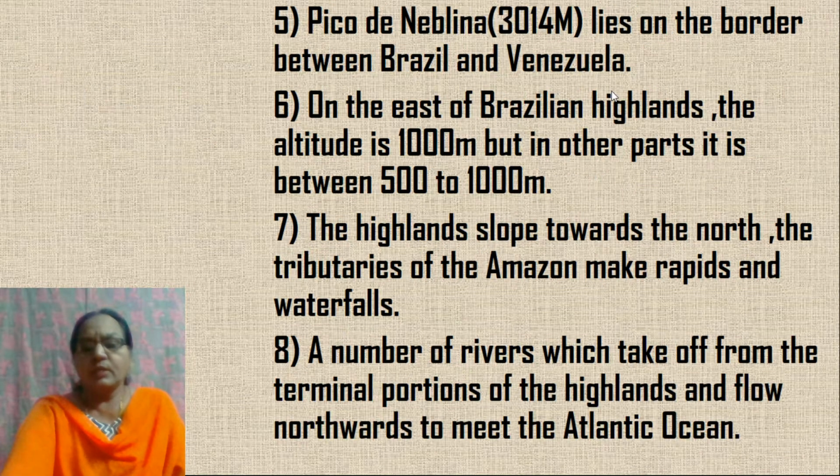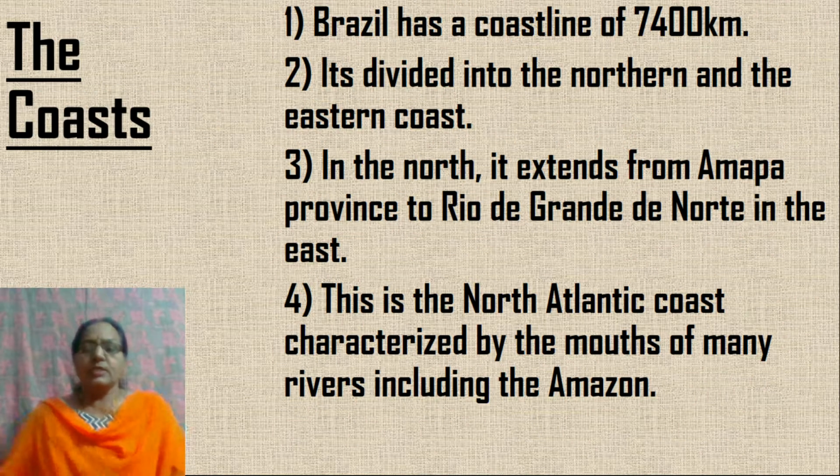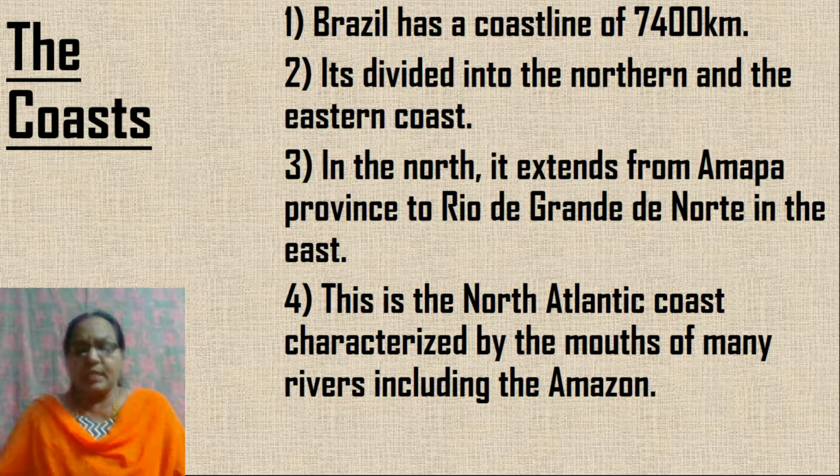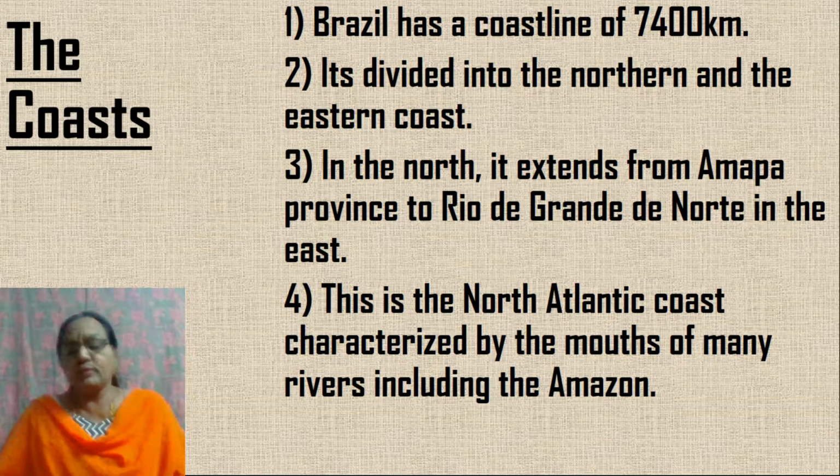In the north, it extends from Amapá province to Rio Grande do Norte in the east, and this is the North Atlantic coast characterized by the mouths of many rivers, including the Amazon. Towards the northern part of Brazil, we find many rivers, including the Amazon, open up into the North Atlantic Ocean.